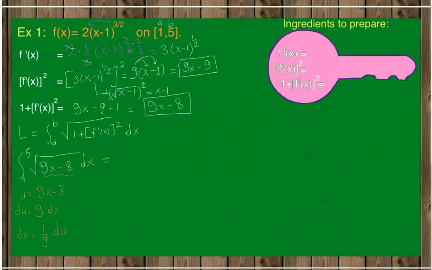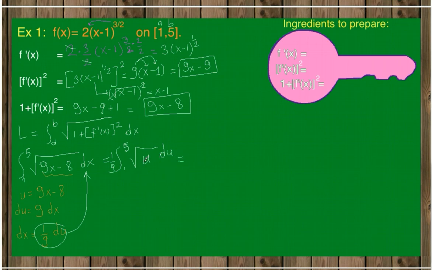Now let's write in terms of u. So integral from 1 to 5, square root of u. Instead of dx, we're going to write this quantity because this is equal to dx. And we can pull 1/9 to the front and du stays here.